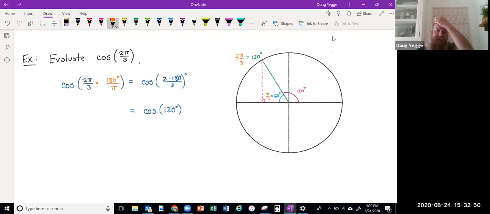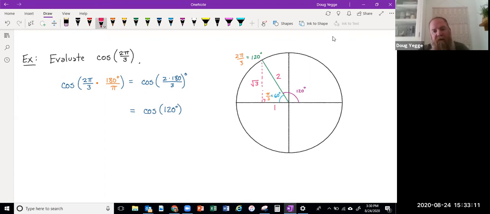And because this is a 30, 60, 90 triangle now, I can fill in the lengths of my sides by realizing that the hypotenuse is 2, the short side is 1, and the height is √3.